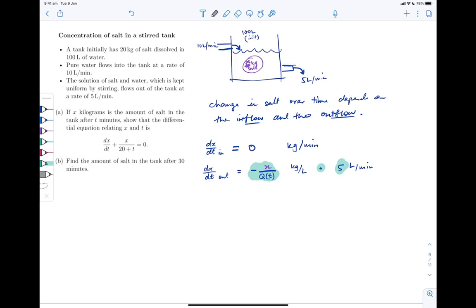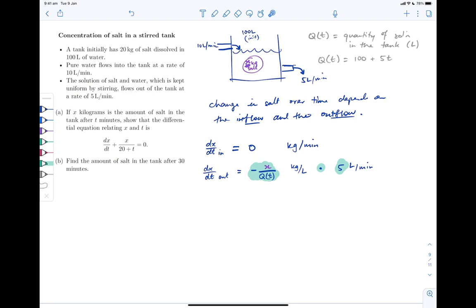Now I kind of meant to say up front Q(t) equals the quantity of solution in the tank, right? The unit for that is litres. And it's a really simple observation that Q(t) starts at 100 and goes up by 5 litres a minute.